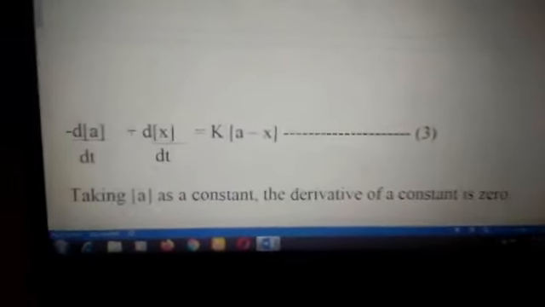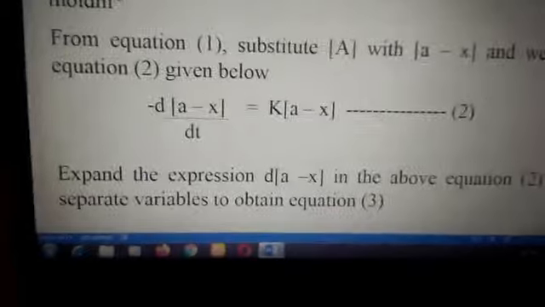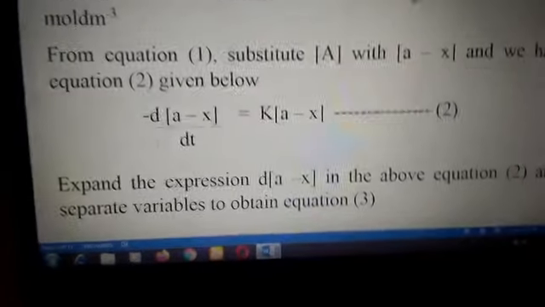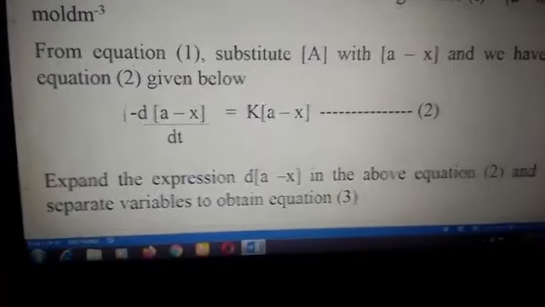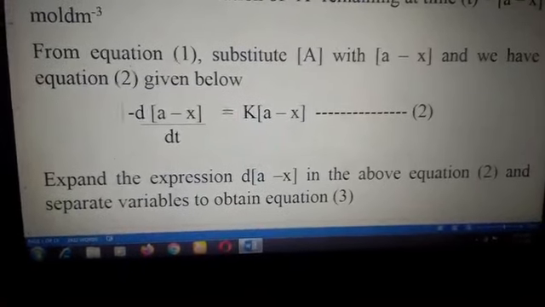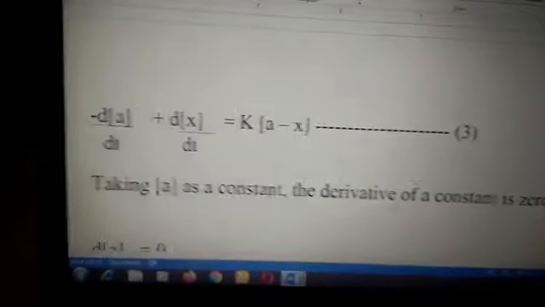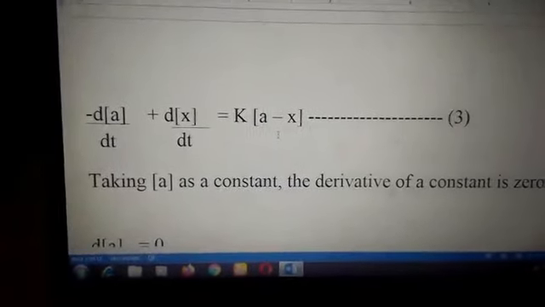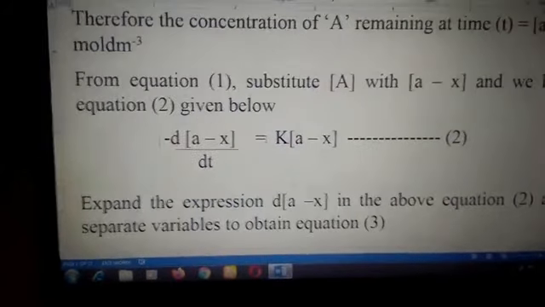We now have da over dt. We separate the dt. Then d times minus S gives you minus dS. We now have minus dS over dt. That dt being the denominator is given to both da and dS, that is separating the variables.